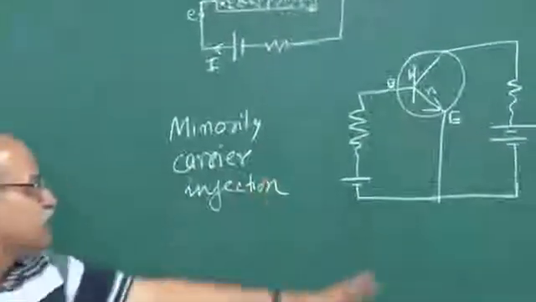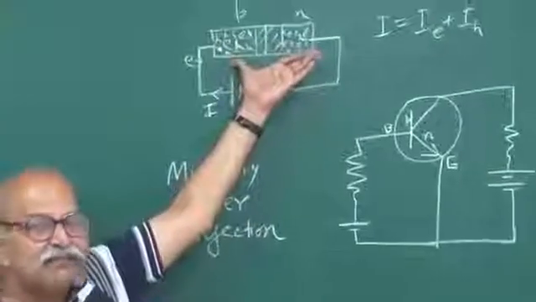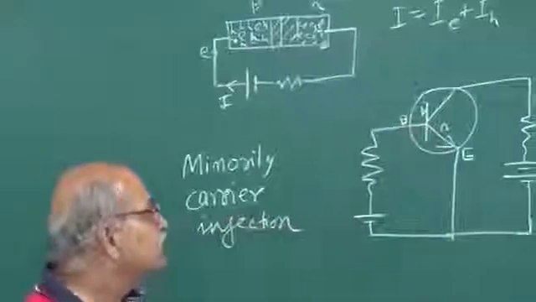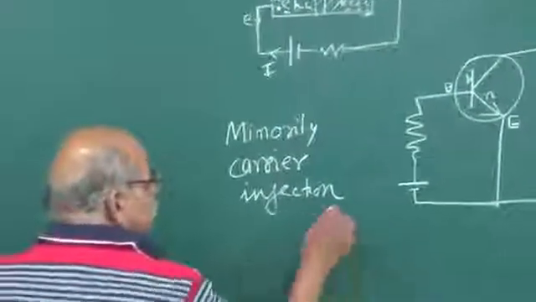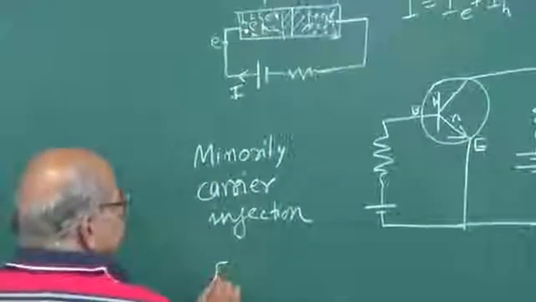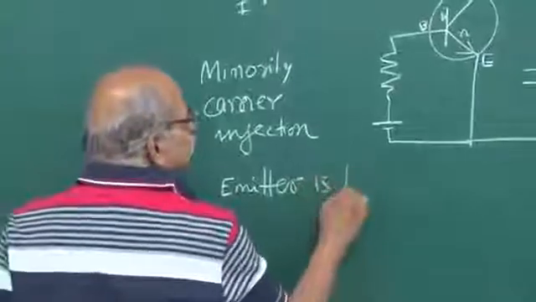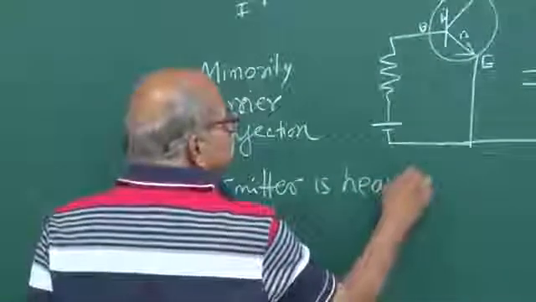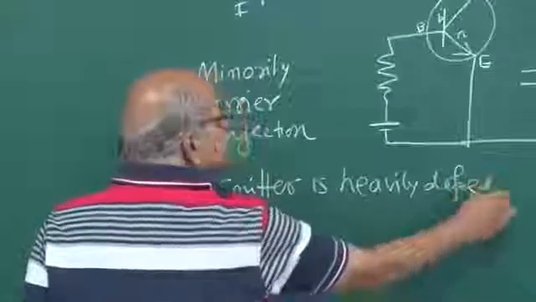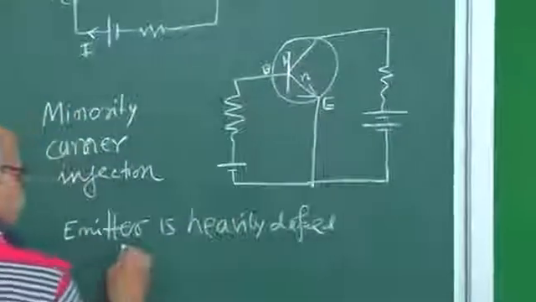Here what happens at this junction? This is a general thing that generally happens in a PN junction diode. Here the extra things are, one, this emitter, this N-type emitter is heavily doped. This is one. And this P here, this base, is lightly doped.